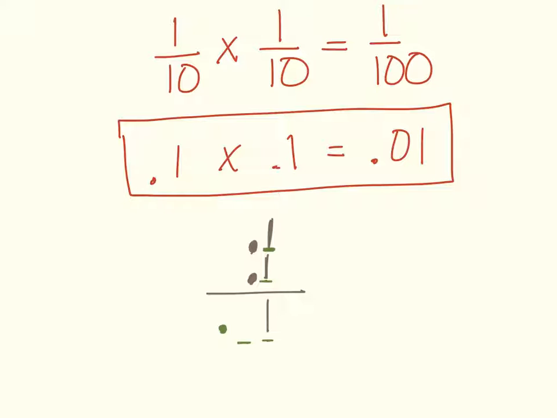Well, that leaves a big empty hole that I'm going to need to fill with a 0. So that's where I have 1/10 times 1/10 equals 1/100th. And you can see that right there because I had 2 decimal places up here. So down here, I have to have 2 decimal places as well.